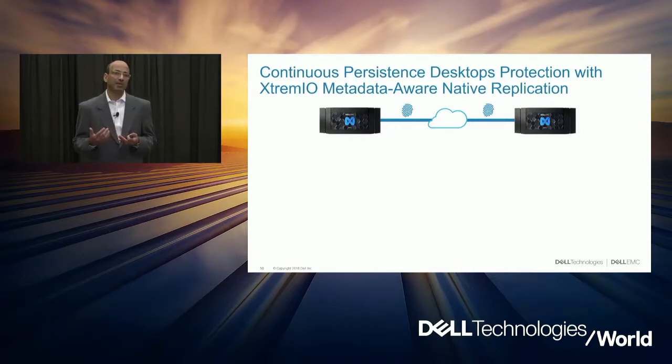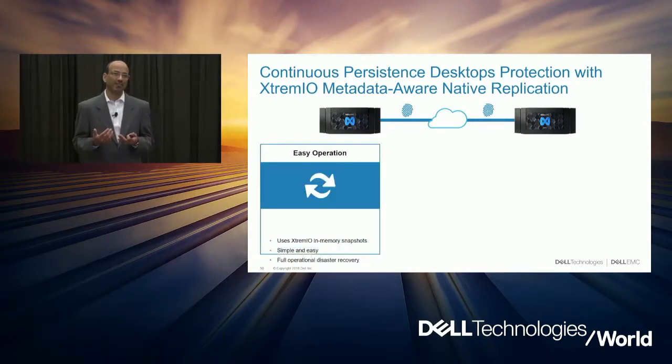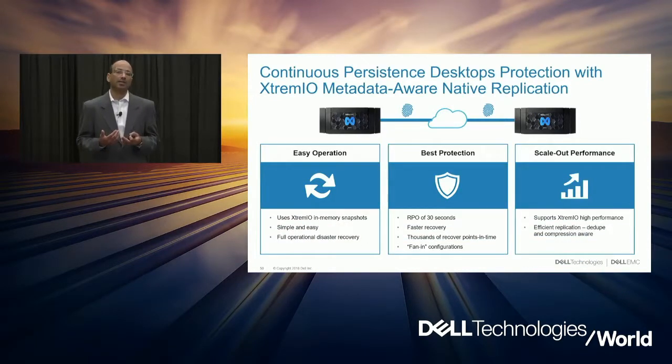We just announced XtremIO native replication. This also is metadata aware and leverages XtremIO's in-memory snapshot capabilities. It is very easy to use. You can get RPOs of 30 seconds or less with near immediate to 30 seconds RTOs.